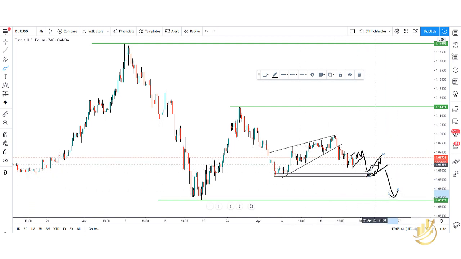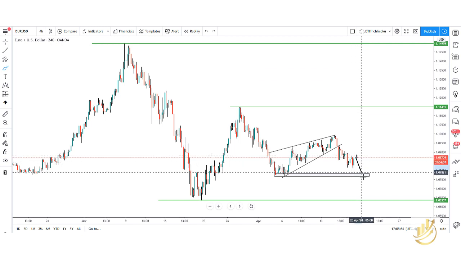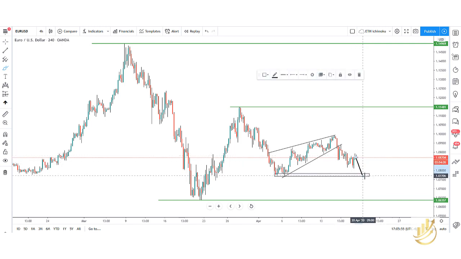If these things are not happening, price might just go here, and then you see an up move, and then some contraction, and then a break towards the upside. So anything is possible.